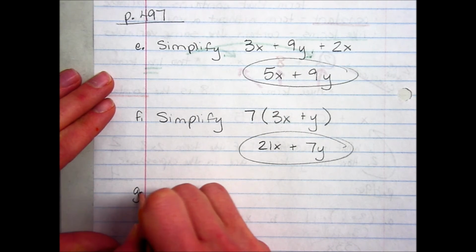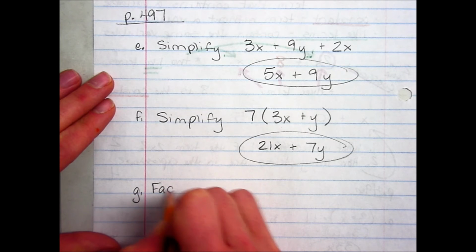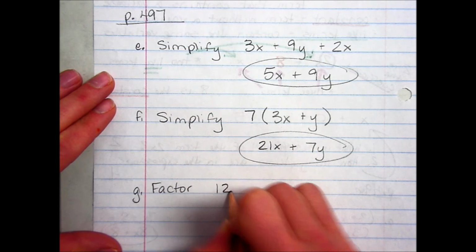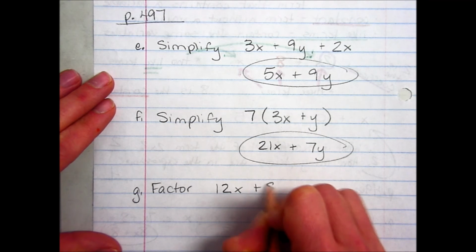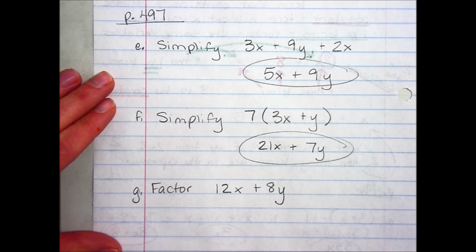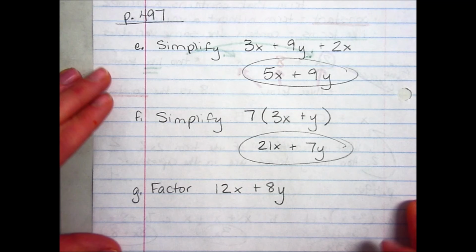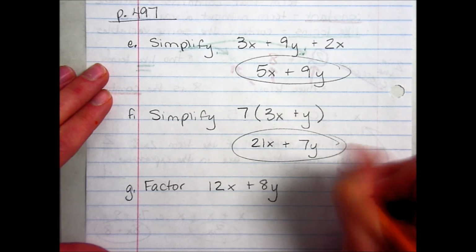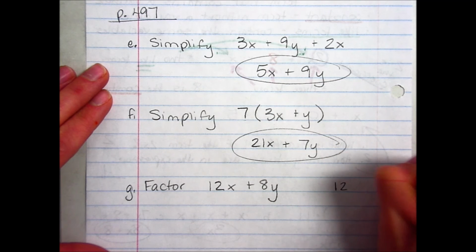And then G asks us to do something different. It says to factor 12x plus 8y. Now this is like what we did yesterday. It just has variables in it. So we have to find the GCF like we did yesterday of 12 and 8.